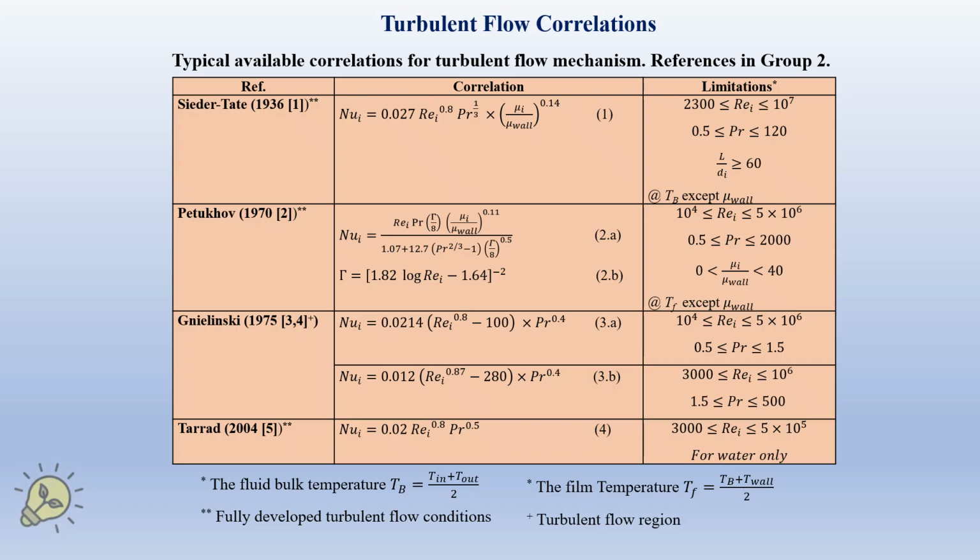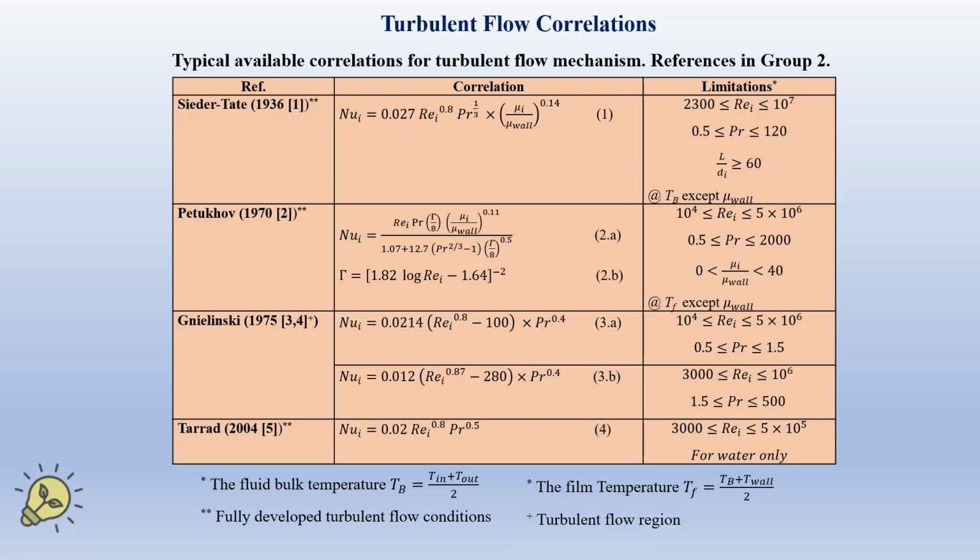And if we go down to the last correlation as presented by Tarrad, it is applied for Reynolds number greater or equal to 3000 and less or equal 5 times 10 to power 5.